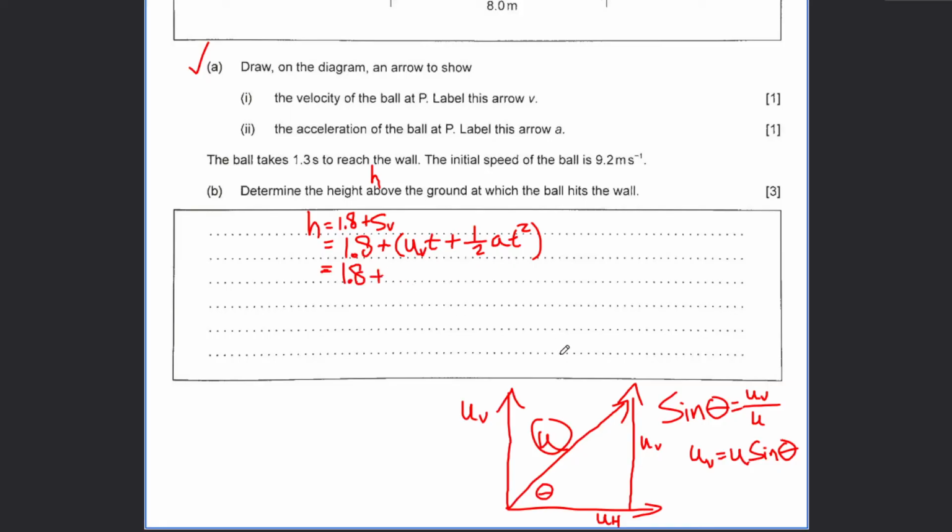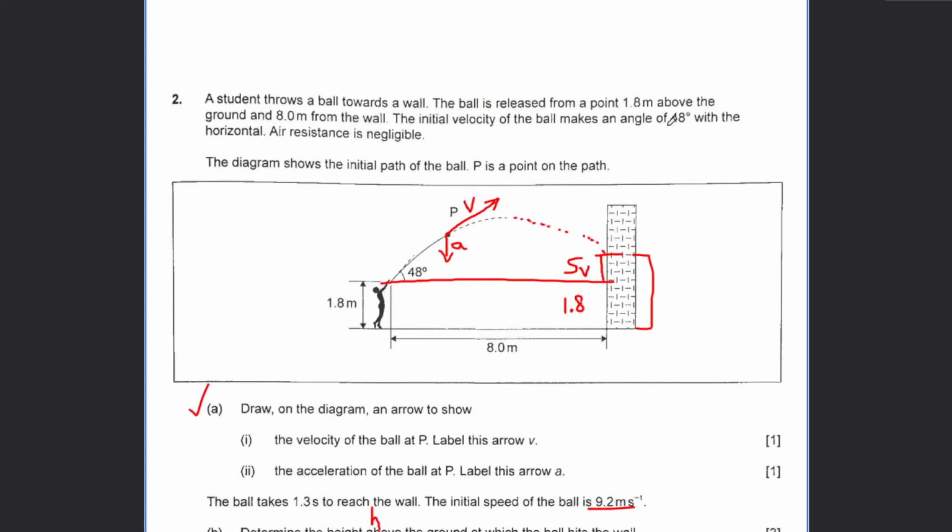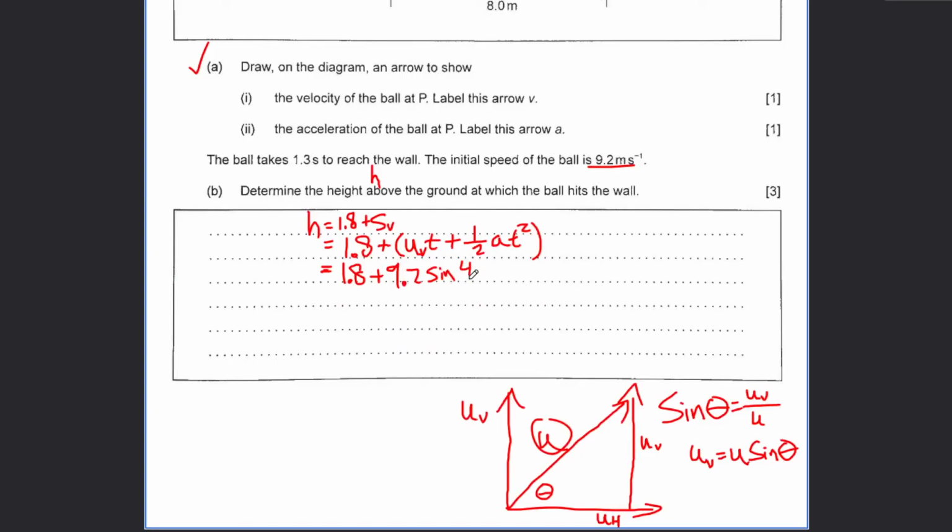But let me also plug in my value of U, which is 9.2, and my theta, which is 48 degrees. And then, of course, we can't forget this T multiplied by T, and T is 1.3.